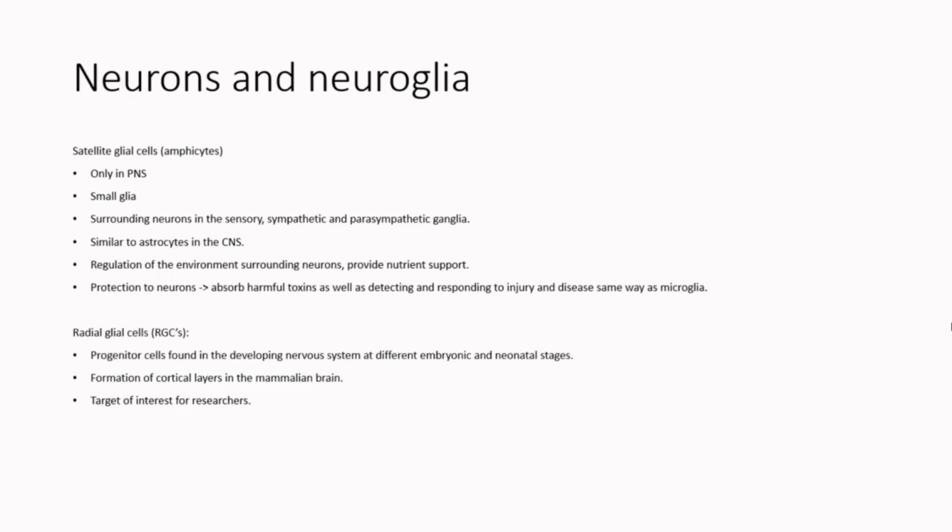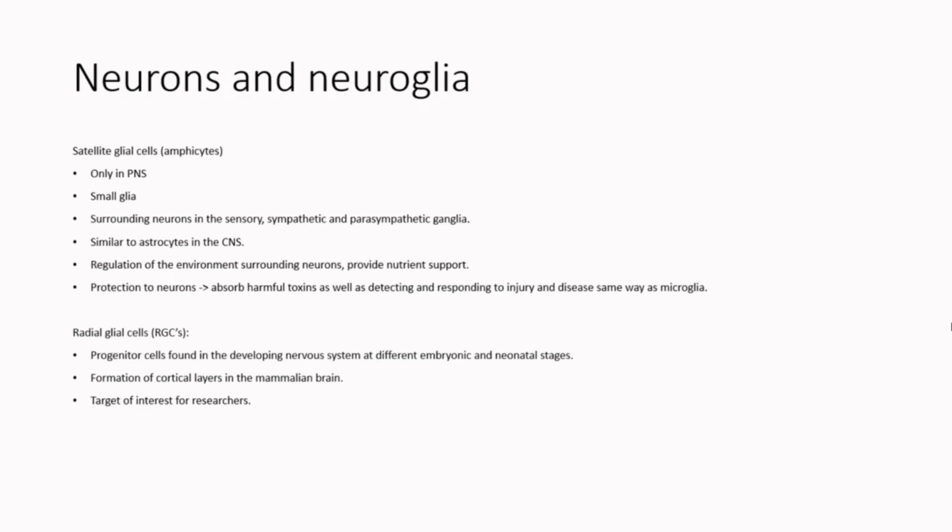Then we have these satellite glia cells. Older term is the amphicytes. They are only found in the PNS. They have a similar function as astrocytes in the CNS, so they maintain the homeostasis. But they also have a very similar function as microglia because they are also protective.